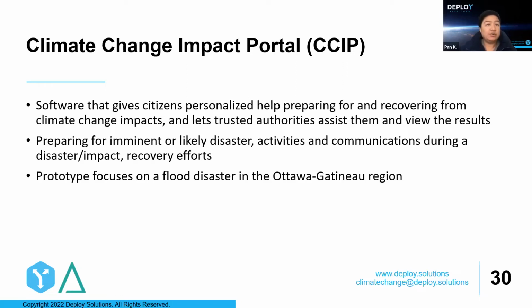Its goal is to help the citizen navigate through disasters caused by climate change, view relevant scientific data, communicate with trusted authority, or voice their concerns and get involved with their community. This works alongside a trusted authority portal, which is a desktop focused web application, which we will talk about in the next section.